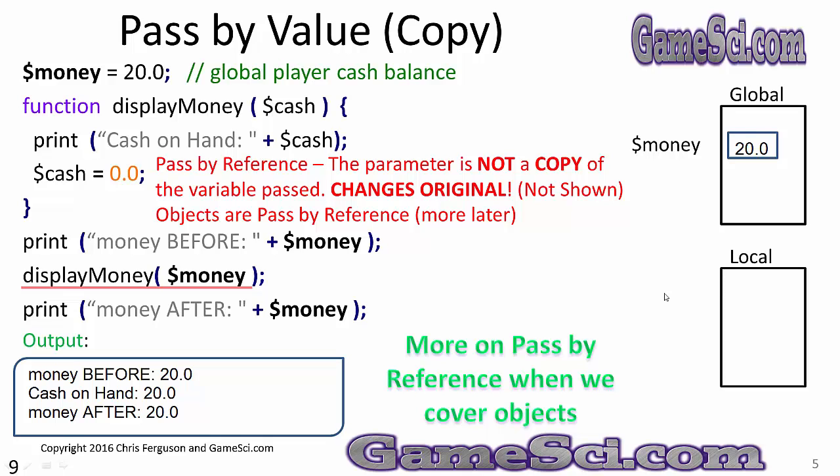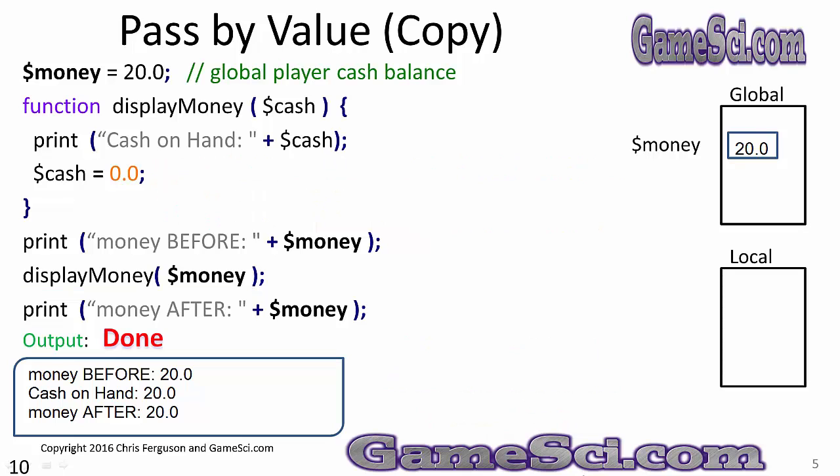For now, just keep in mind that ints, strings, floats, they're passed by value, it'll make a copy. When we get to the point in the lecture where we can suss pass by reference, we'll get to it. More on pass by reference when we cover objects. For now, by default, think of parameters as copies of the variables passed to the function, not the original variable.